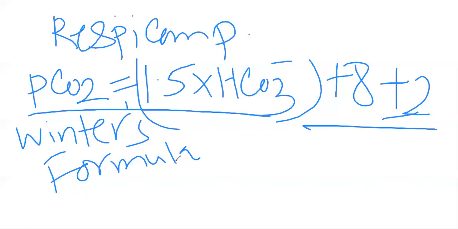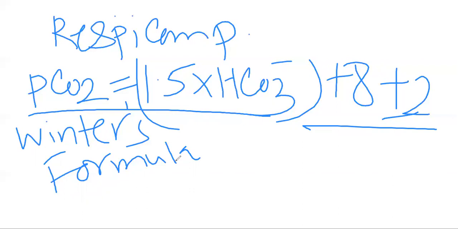But if in your case the PCO2 level is more than that or less than this figure, then you can understand it is not the compensatory respiratory mechanism. They are separate entities, like metabolic acidosis and respiratory acidosis, not the compensatory respiratory alkalosis.